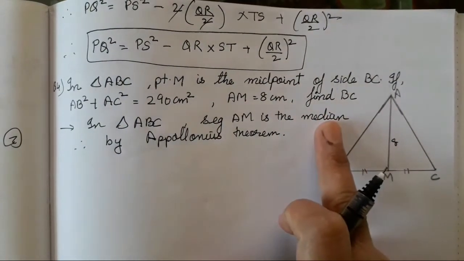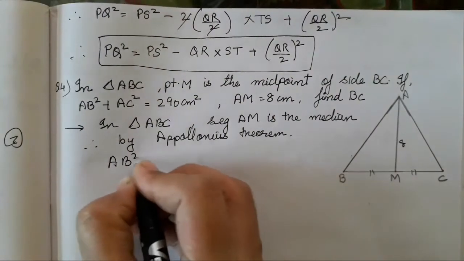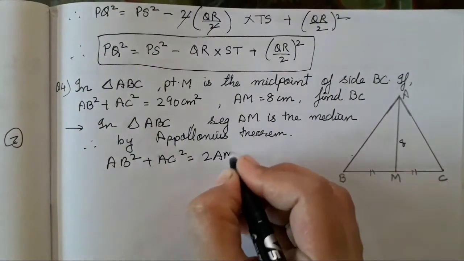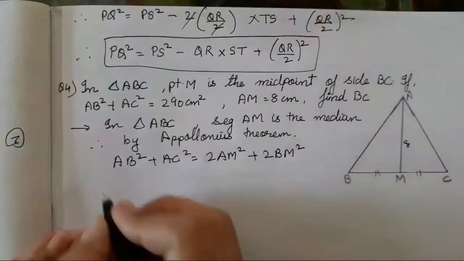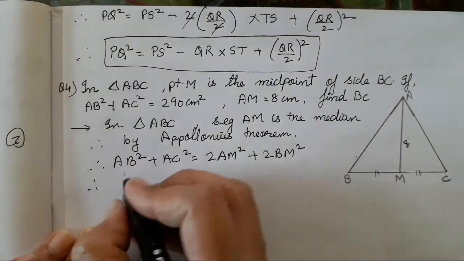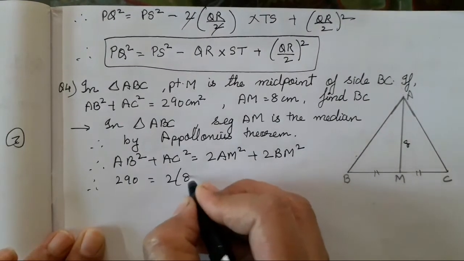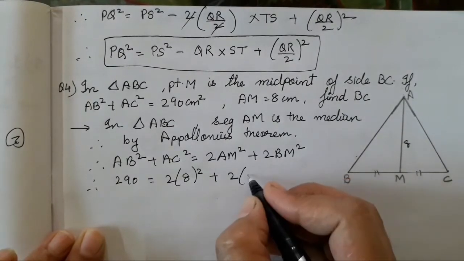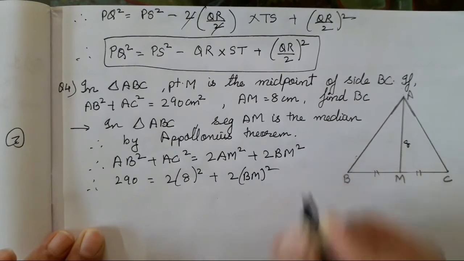Directly we will get AB square plus AC square is equal to 2AM square plus 2BM square. Substitute the values, that is 290 is equal to 8 square plus 2 BM square.